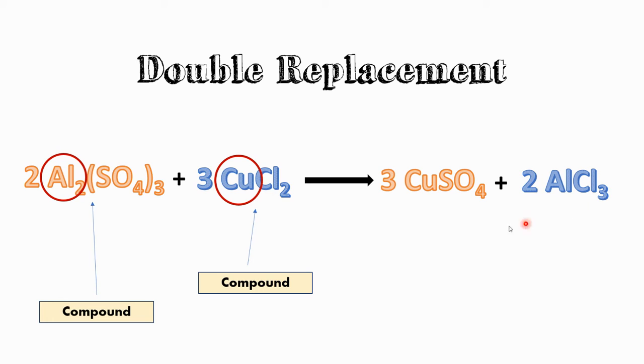But on the product side, we're not going to have any element by itself. We're going to form 2 new compounds. So you'll see that the aluminum is now with the chlorine and the copper is now with the sulfate. Again, you always have to remember to balance out your charges and add subscripts where necessary.